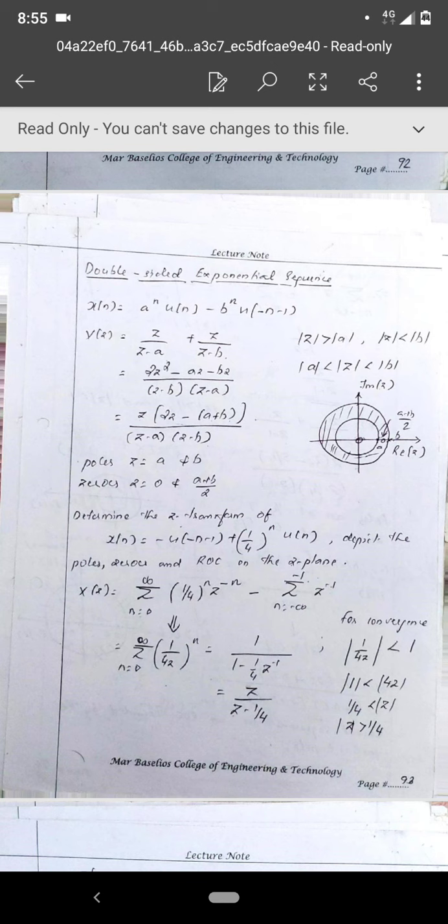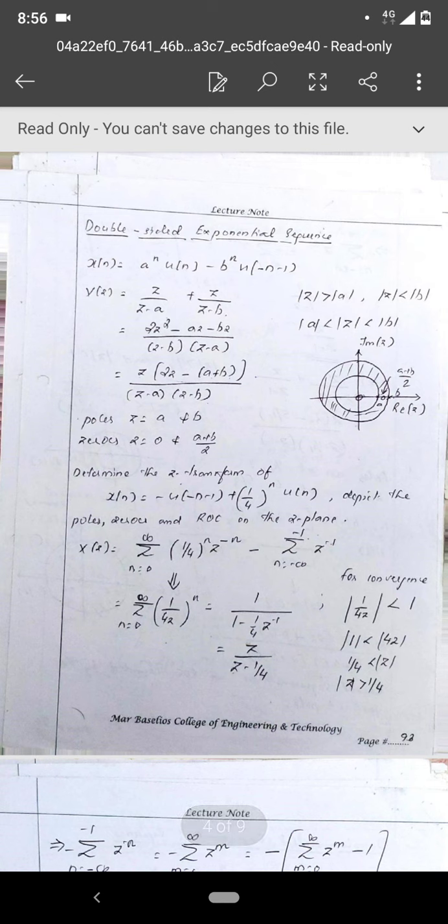A raised to n u of n, you know, is z by z minus a, and the ROC will be mod of z greater than mod of a. For the second term, minus b raised to n u of minus n minus 1, the result we already know is z by z minus b, where the ROC is mod of z less than mod of b. So in total, the ROC will be between a and b.